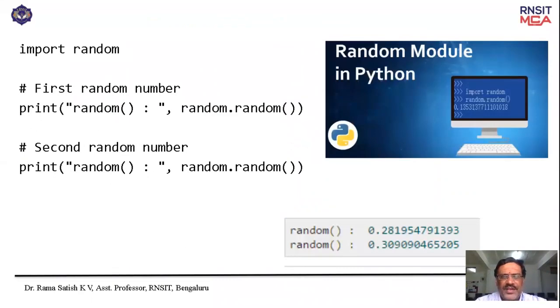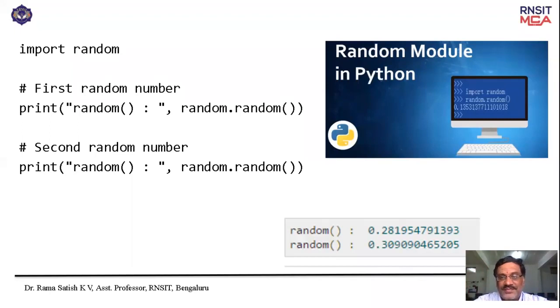There is a function random, and if you just call it, it will generate a random fractional value between 0 and 1.